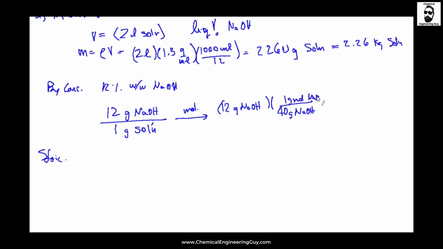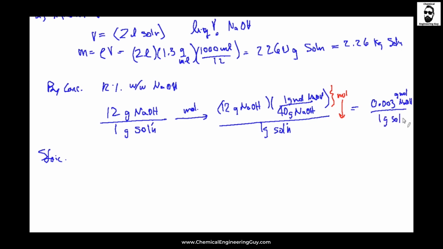So essentially, this is how many moles I have per gram of solution. Doing these calculations, I get 0.003 gram mole of NaOH per gram of solution. I know this is kind of strange, guys, but we're going to fix it, don't worry. Let's continue.